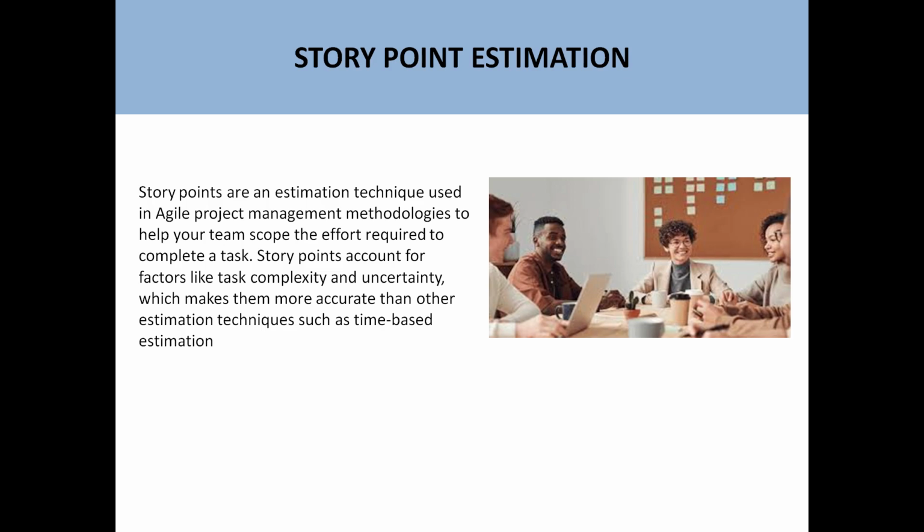So that is basically called the concept of story point estimation. Story point estimation means that you assign points to the user requirements, based on their difficulty level, risk level, and complexity level, and these points are used to estimate the required time to complete a user story.